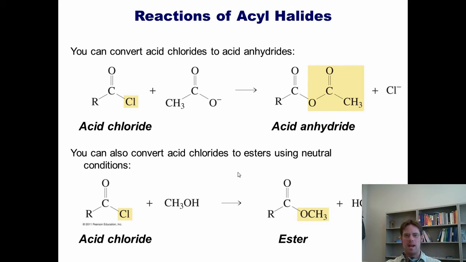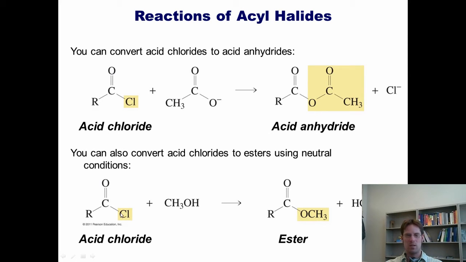Let's take a look at reactions of acid halides. Because acid chlorides are so reactive due to the stability of the chloride, and hence the chloride being a good leaving group, we can displace the chloride with lots of different things. For example, if I take an acid chloride and I react it with an acetate, I can replace this chloride with my oxygen, giving me an acid anhydride.